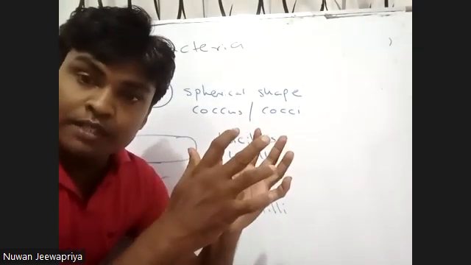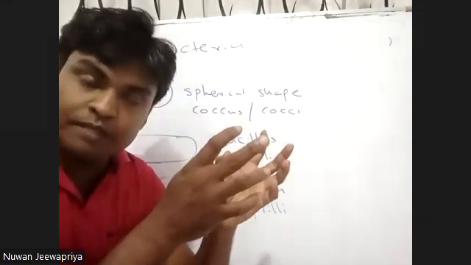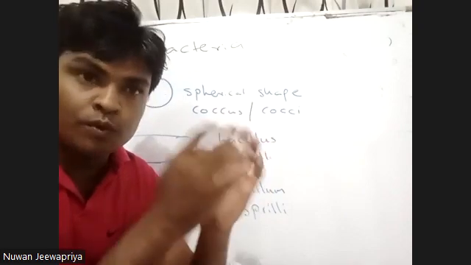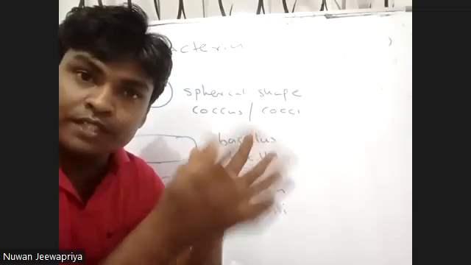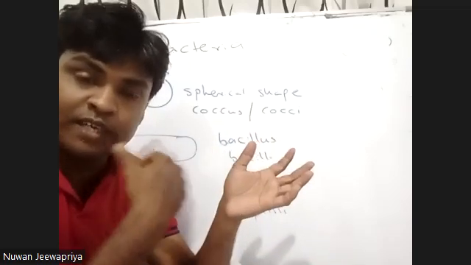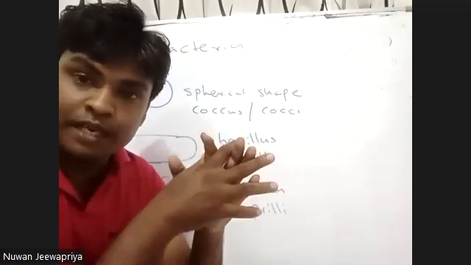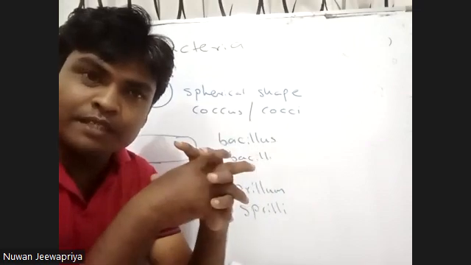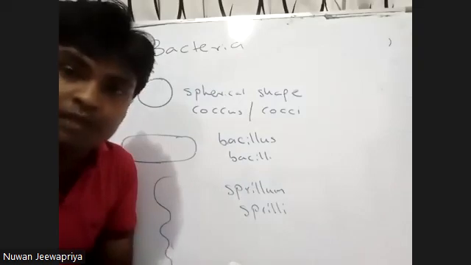Now we are going to discuss how the cell arrangement is different. Cell arrangement means, children, do they exist as single cells, or as two cells together, or four cells together, or eight cells together, or a chain of cells together, or without any pattern? That is how we consider the cellular arrangement.